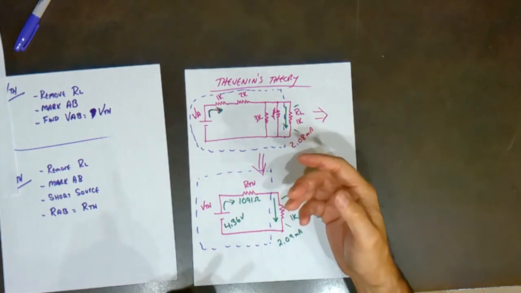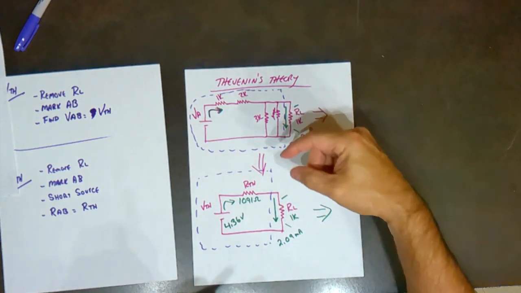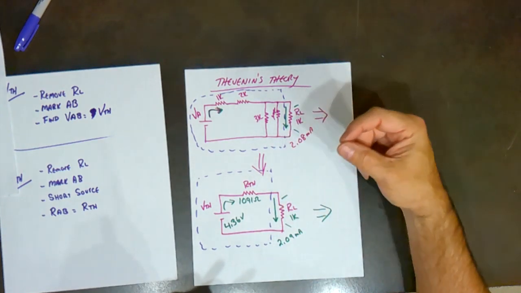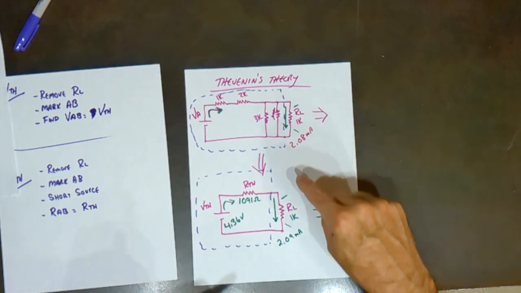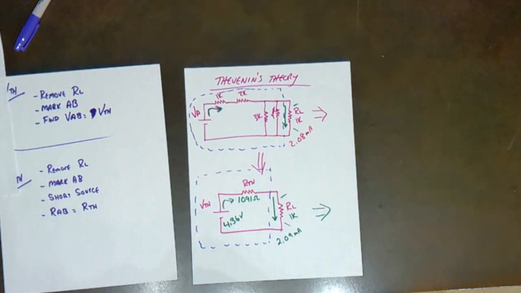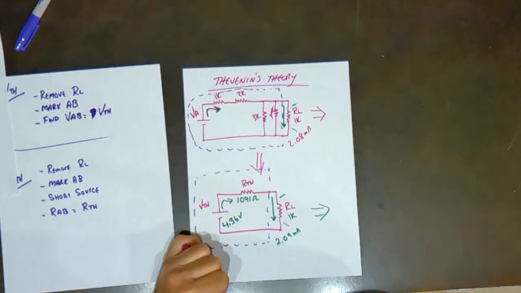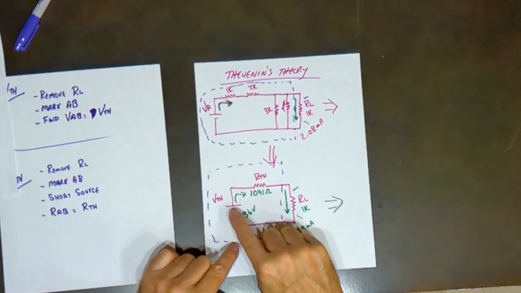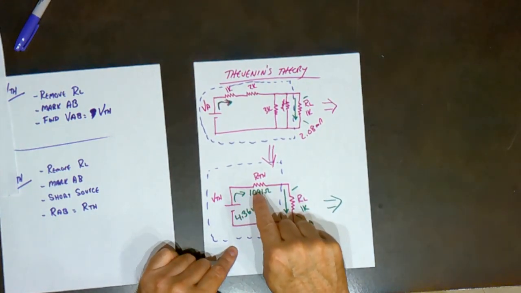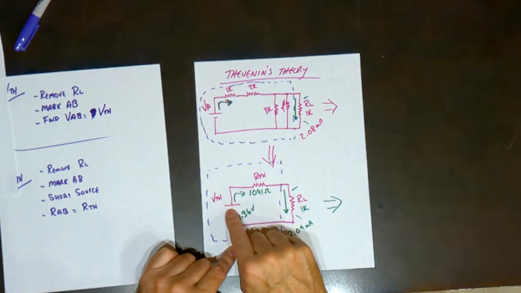They put out the same current, same voltage, same power to the same load. So Thevenin's theory is taking a complex circuit like this and simplifying it down to a series circuit with two resistors and a power supply.